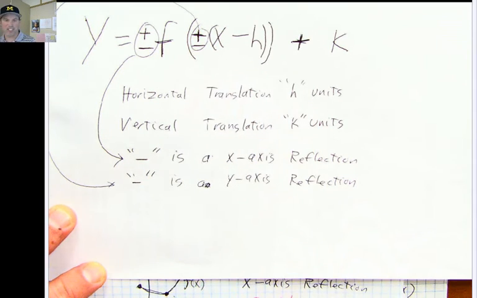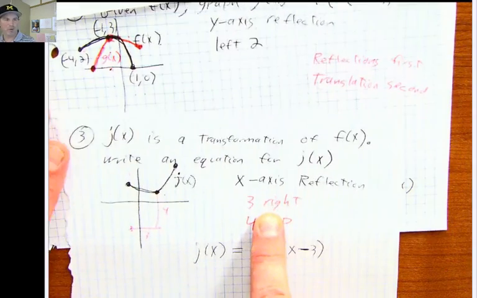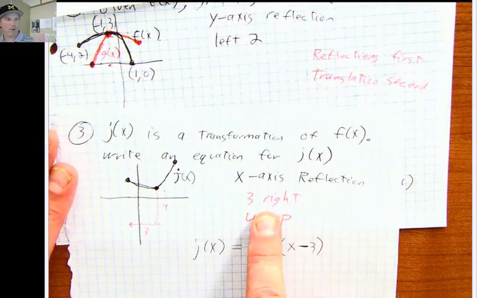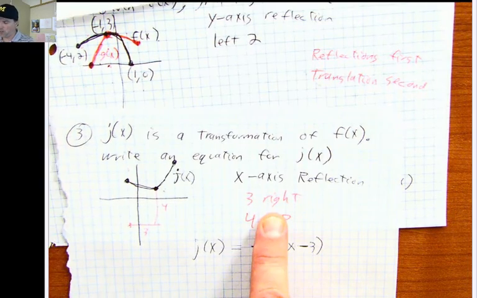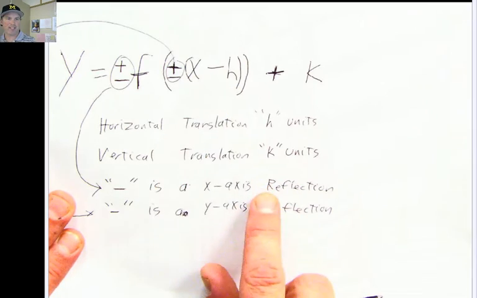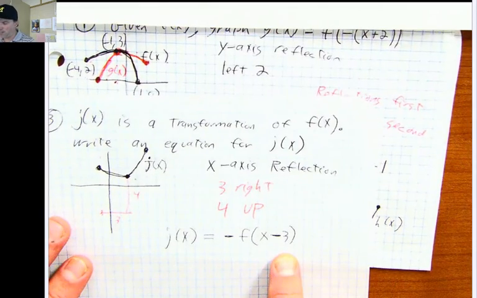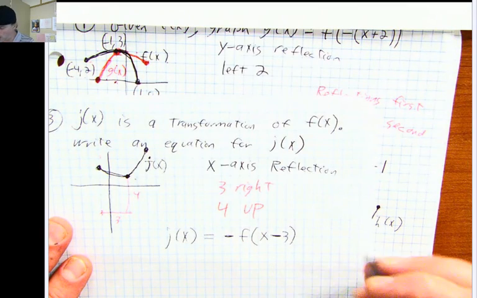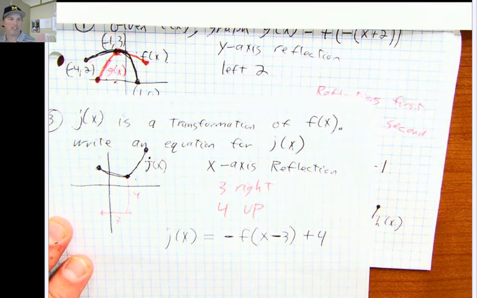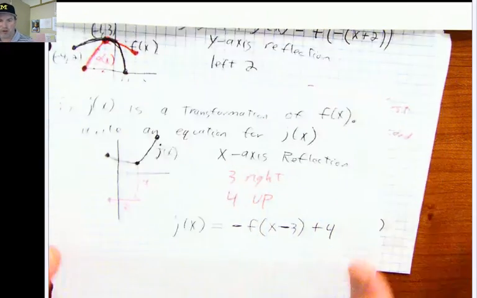So if that distance is 3, I've lost the visual. If we're going 3 right, according to this, it's minus h, or minus that 3. So f of x minus 3, and because of the 4 up, you'd have a +4 on the outside. Okay, so that's the backwards problem. If you're given a graph, how you'd go about writing an equation.